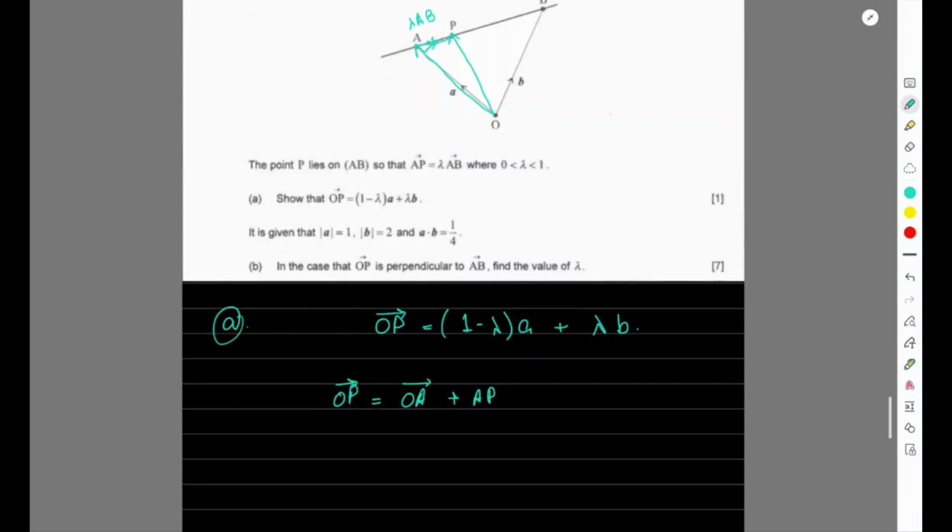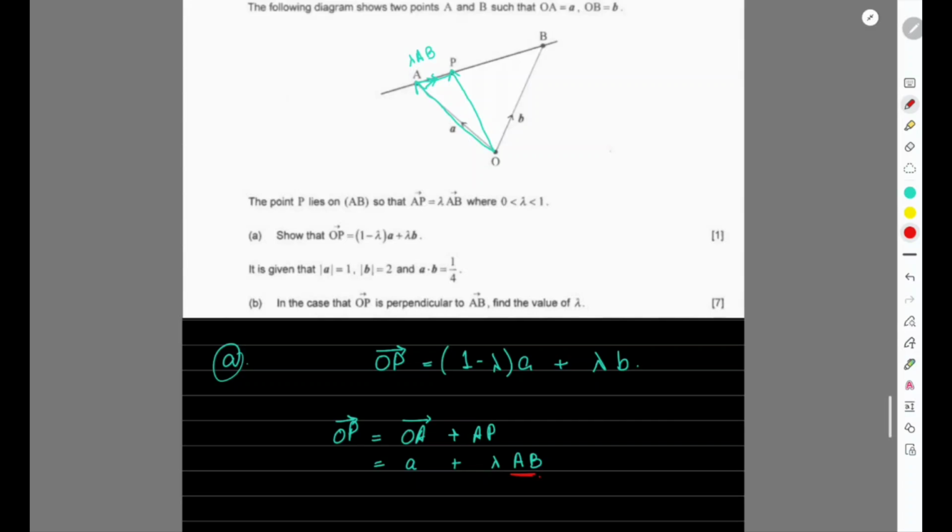Now, what is OA and AP? The value of OA is A and the value of AP is lambda AB. Now, we don't know the value of AB. To find the value of AB, you can also use the head to tail rule. We consider this one vector, second vector, and this is the resultant vector.